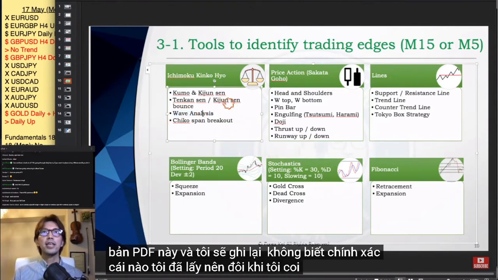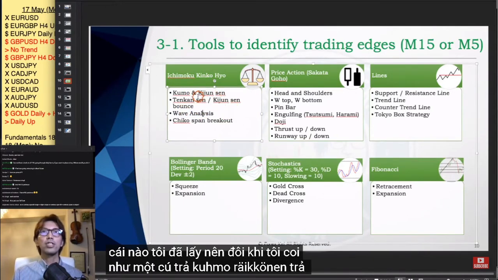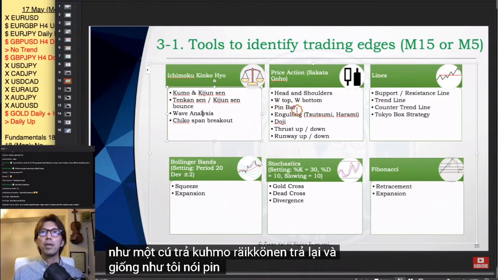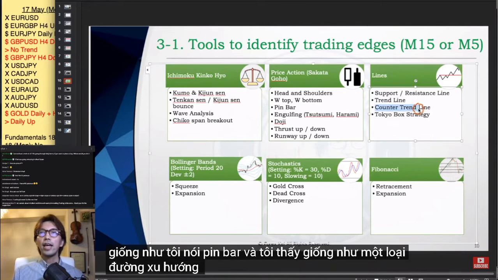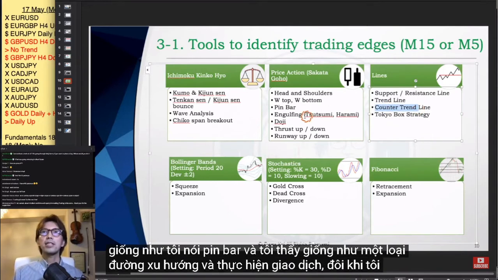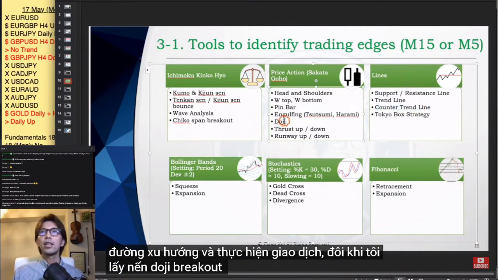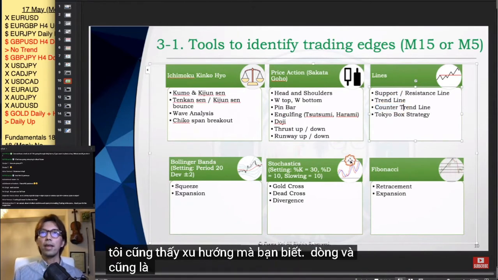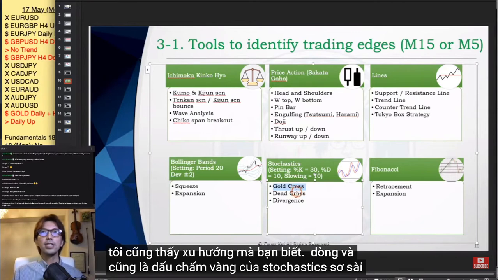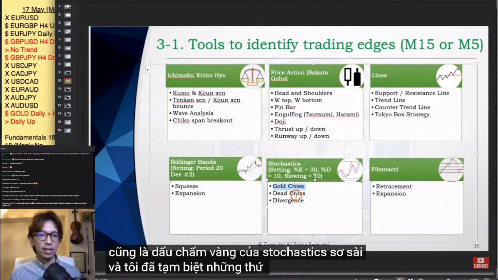Sometimes I take a Kumo bounce, a Kijun-sen bounce, and I see a pin bar and a trend line and take the trade. Or sometimes I take a doji candlestick breakout, and I also saw the counter trend line and a gold cross of stochastics, and I took a buy, things like that.